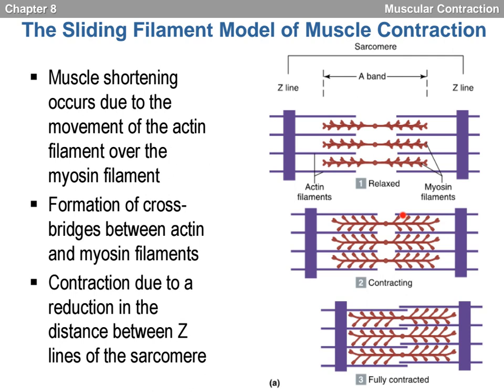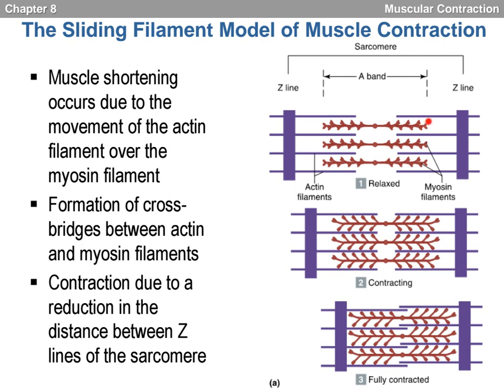And what you'll see is that the active motor will be the myosin. The myosin heads have enzymatic activity. In other words, they can break down ATP. So they're ATPases. They can break ATP down to adenosine diphosphate and inorganic phosphate. And in the process, energy is released.